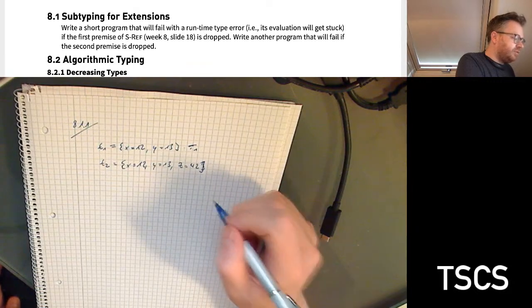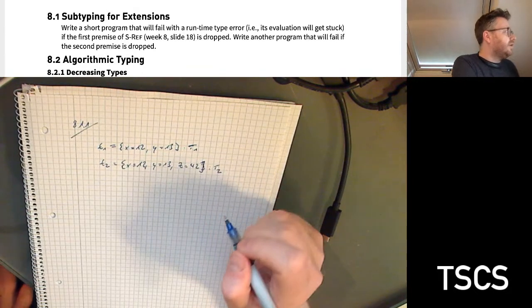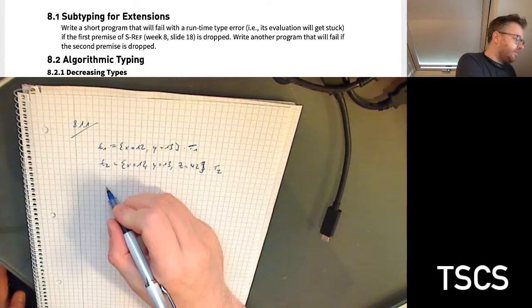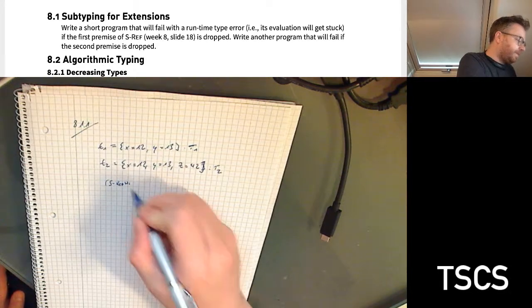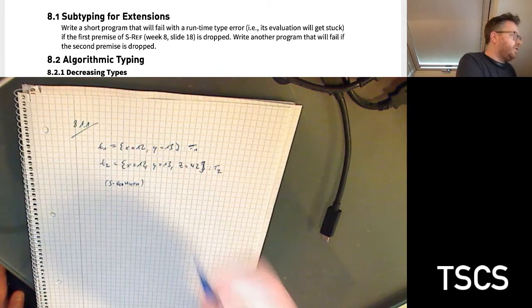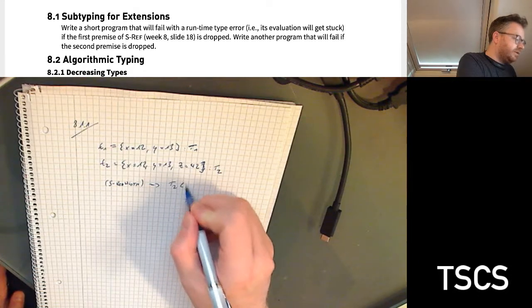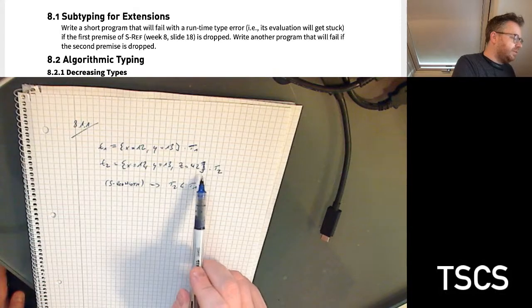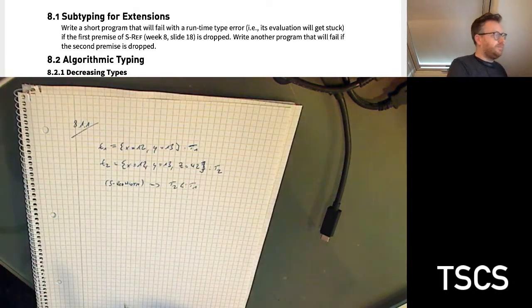This is T2, and by SRecordWidth, we know that T2 is a subtype of T1, because this record is a little bit longer than this, so it can be a subtype of this. Yeah?